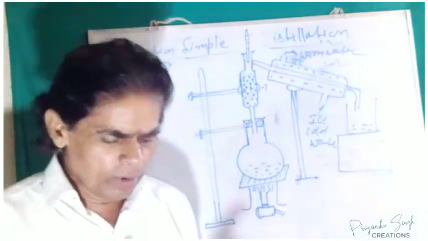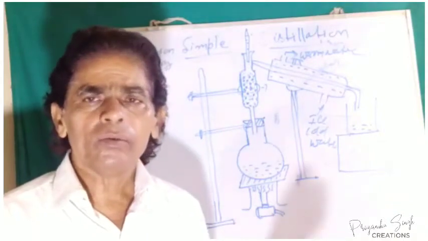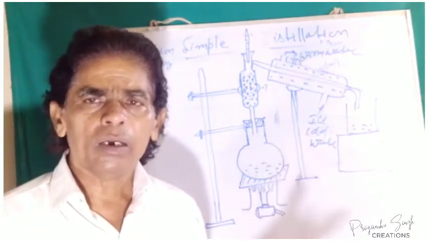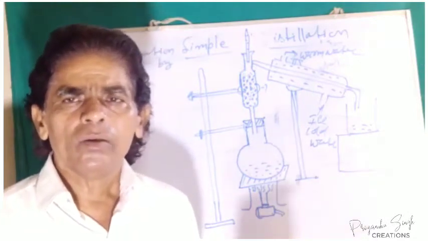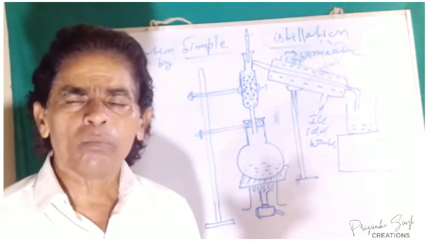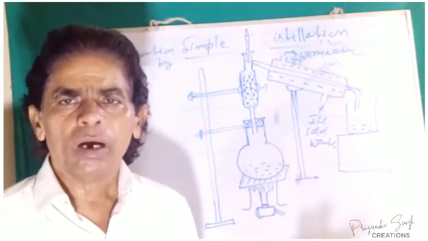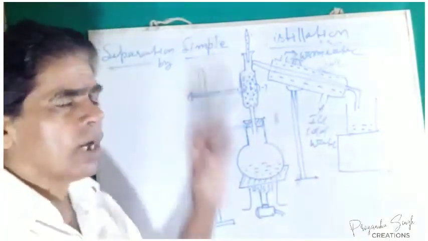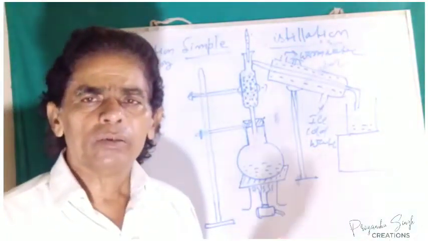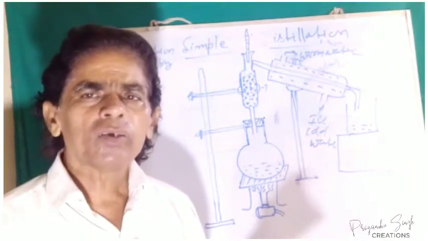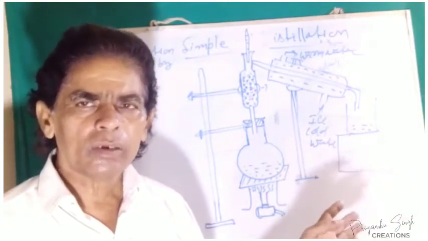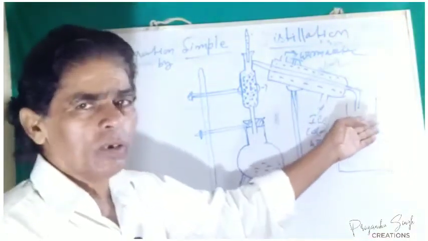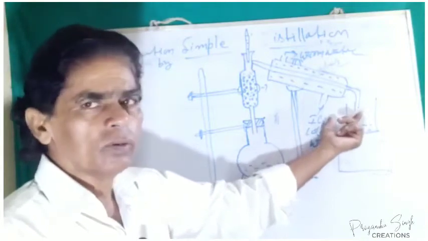So when the temperature of the mixture remains constant, we understand that the boiling of the first liquid is continued. As soon as the temperature starts rising, we see that the first liquid gets separated in this way, then the receiver is removed and another receiver is placed here.